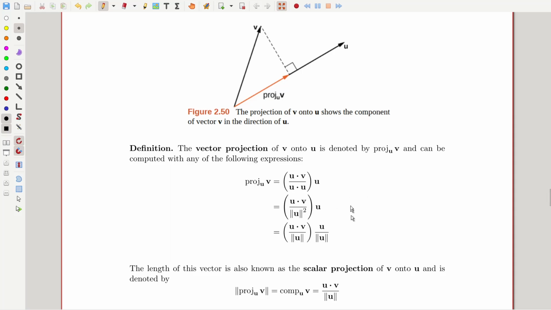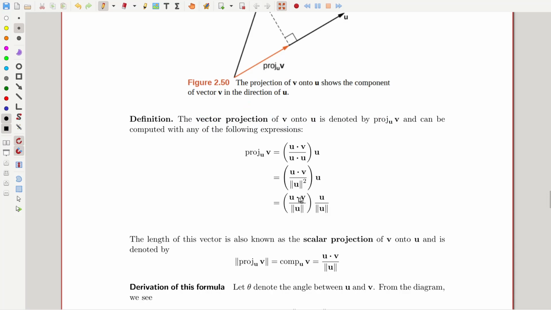They emphasize different things. Notice that in this third expression, you have u over magnitude u. So this ends up being the unit vector in the direction of u. And so this ends up being the length of the projected vector. It's how much we scale the unit vector in the direction of u.